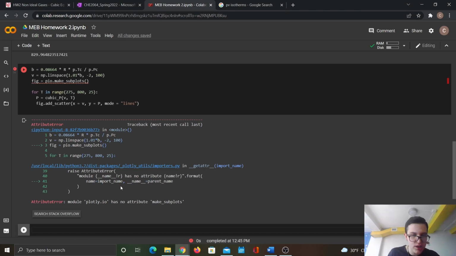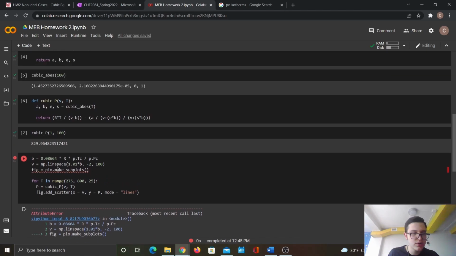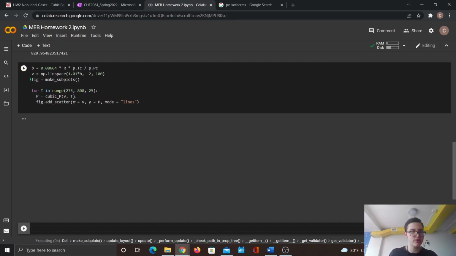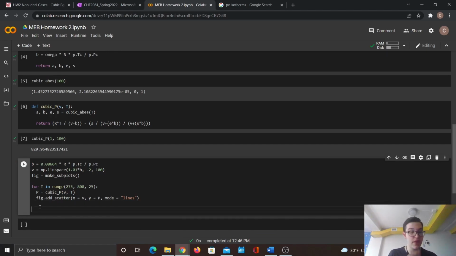So let's just try Shift Enter. po.make subplots. Plotly.io has no. Let's try just fig equals make subplots. Shift Enter. That's better. It didn't make a subplot. Let's try updating the y-axis. That might be an important thing.